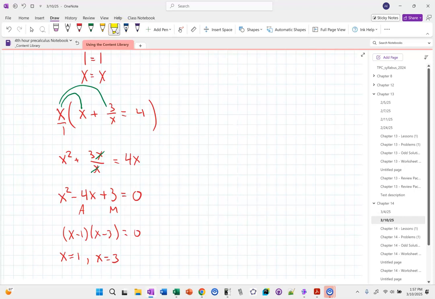But we're not done. What do you mean we're not done, Mr. Kulik? You have 2 answers here. Like, why aren't we done? Well, remember, what we just solved technically was a quadratic equation, right? We solved this polynomial. The domain for a polynomial is all real numbers. Always, every single polynomial.